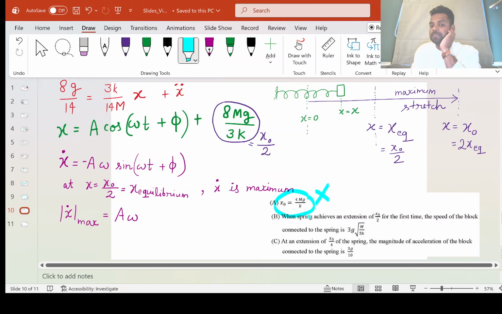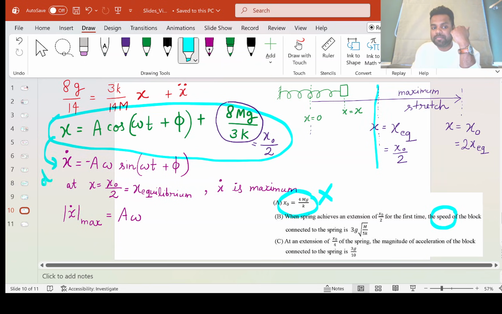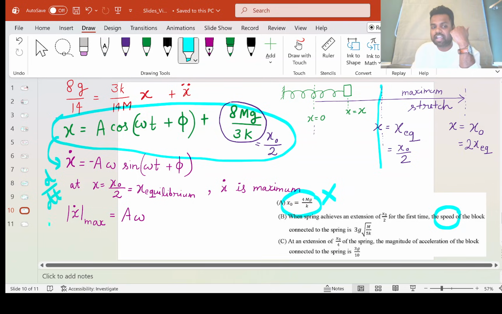Now option B. Option B is that when the spring achieves an extension of x naught by 2 for the first time, that means in this formula, the block is at this position, x naught by 2. What is the speed? For the speed, you take the derivative, d by dt. x dot will be minus A omega sine of omega t plus phi.